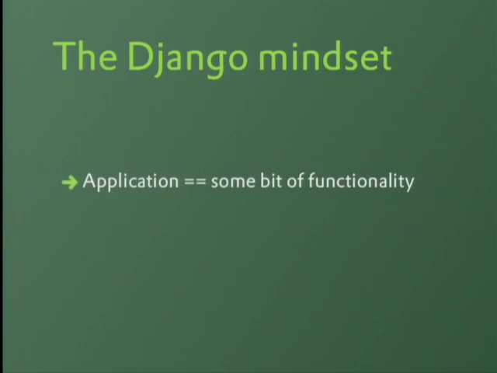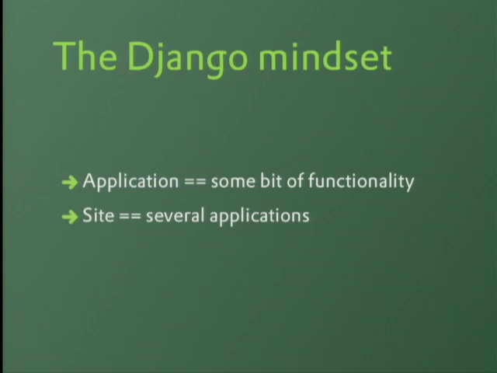By contrast, Django really wants you to use these reusable applications. Django definitely says an application is going to be some particular piece of functionality on your site, and your site is going to be several applications. Most of the time, you don't really have a choice with that because of the way Django's set up.